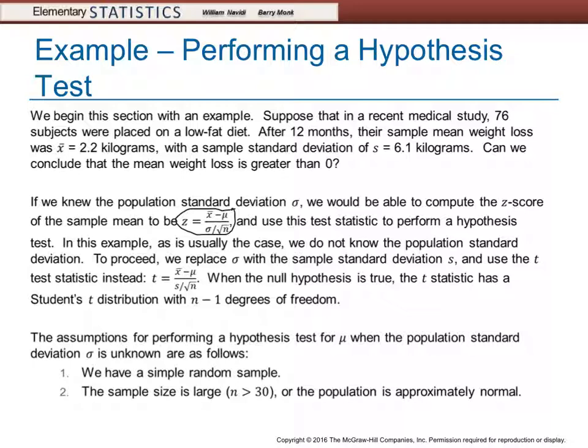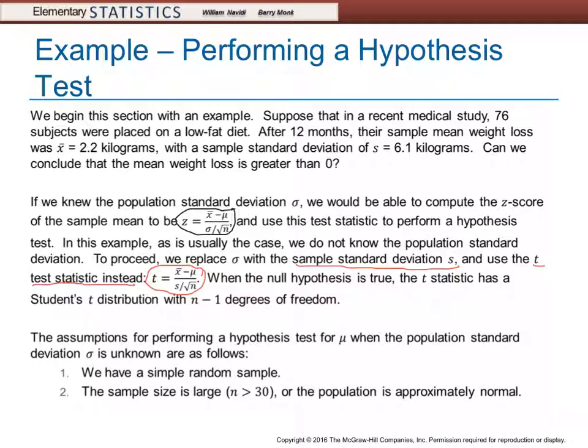To proceed, we replace sigma with the sample standard deviation, s, and we use the t statistic instead. So here we have t is equal to x bar minus mu divided by s divided by the square root of n.